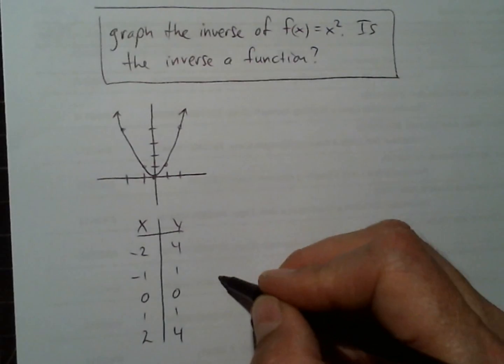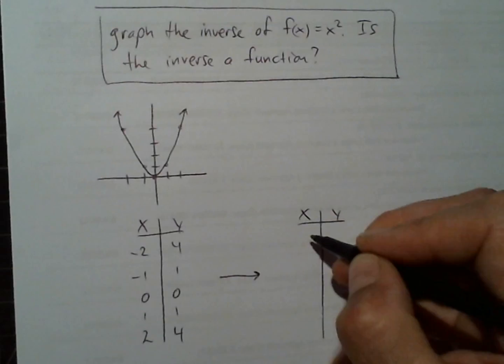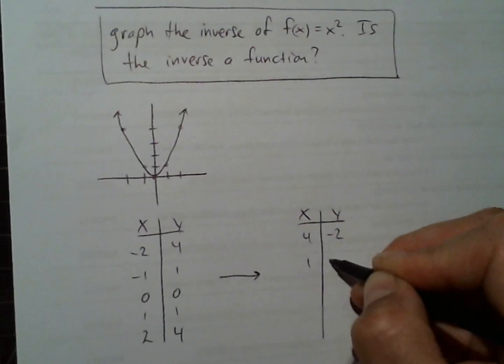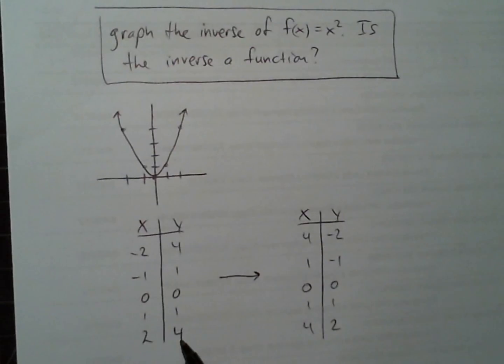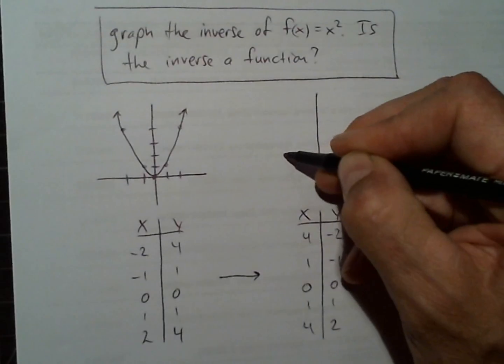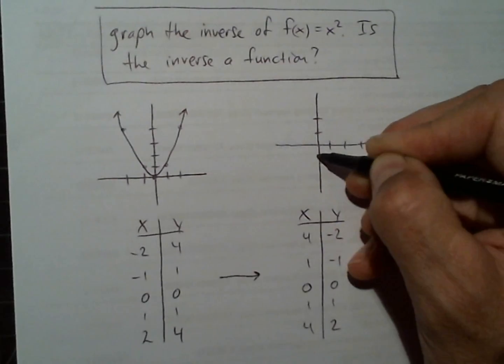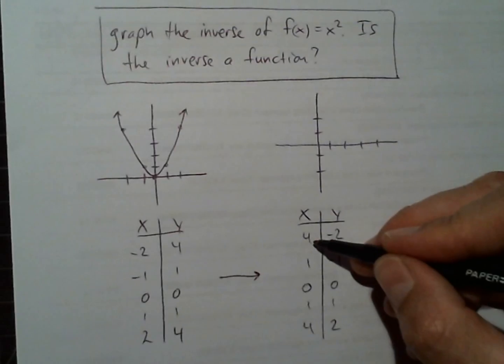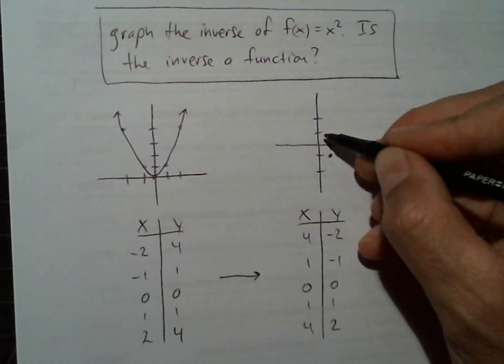We saw already that if we switch the x and the y, the y value here becomes the x value in the inverse. The x value in the function is the y value in the inverse, and that will tell us what the graph of the inverse will be. We can just plot these points, negative 4, negative 2, 1, negative 1.